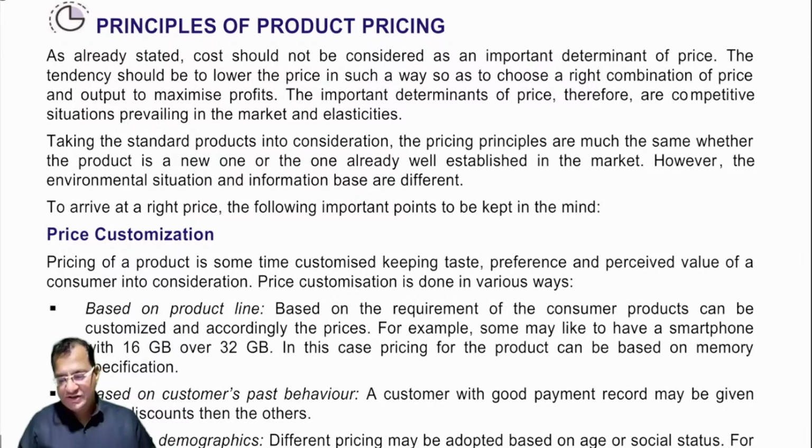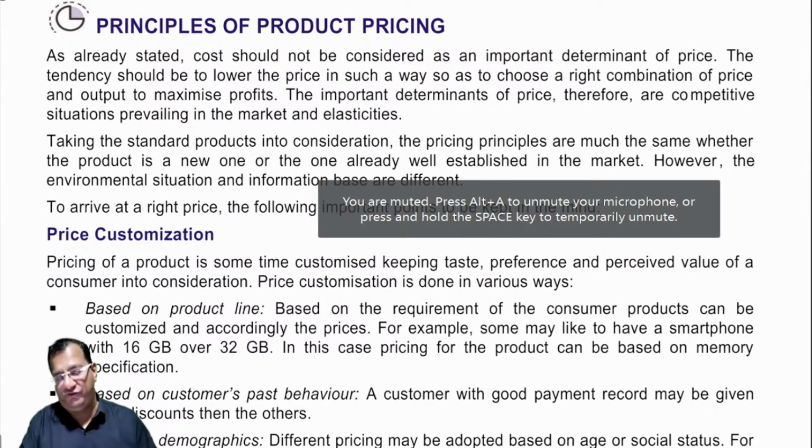So in the last lecture, we have seen our objective is not to maximize the output. No, our objective is not that our product should be sold out at the highest price. These are not the objective. Our objective is we should determine a price and its output so that organizational profit can be maximized.